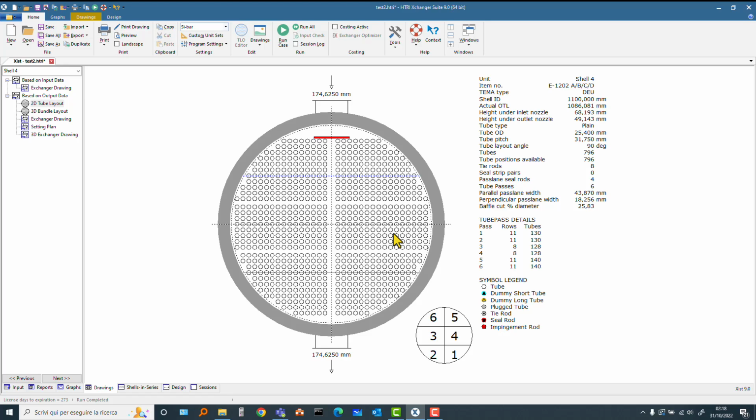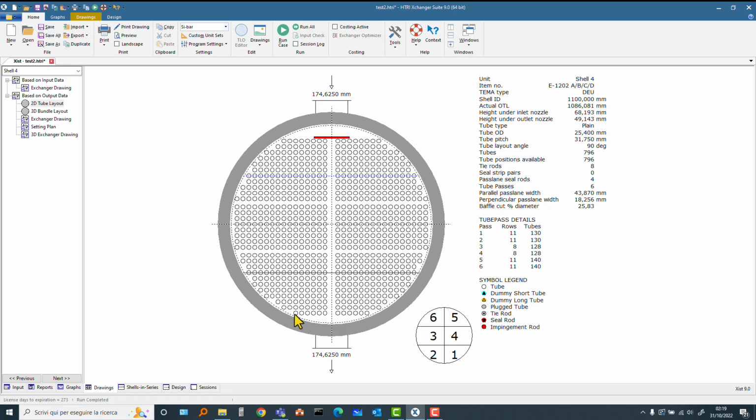So we said that on the shell side, where there is the hot fluid, we have a small amount of vapor which is condensing, 10%. So that means that if there is a phase separation, so if the liquid is going down and the vapor stays up, the fact of having a horizontal baffle cut may be a disadvantage.